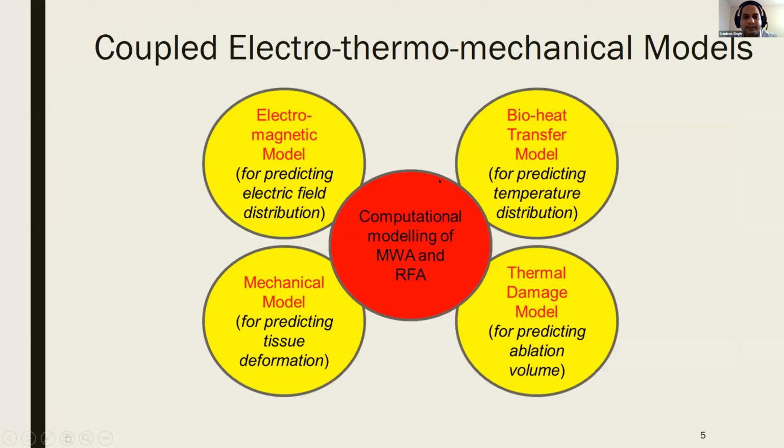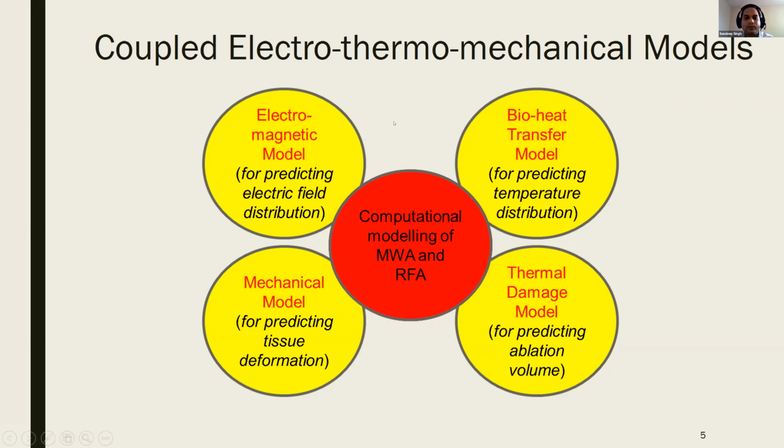Computational modeling and simulation provide a powerful tool for a priori prediction of the treatment outcome during cardiac ablation procedures. They could also be used to study the effect of different extrinsic and intrinsic factors that could affect the efficacy of cardiac ablation.